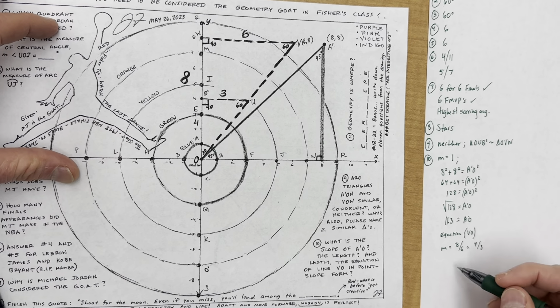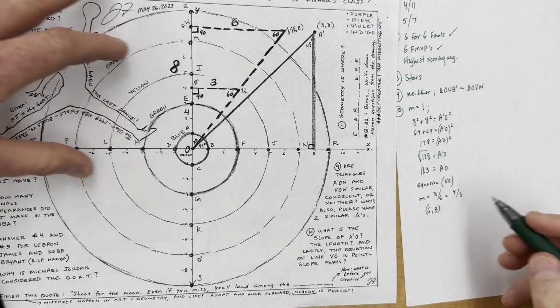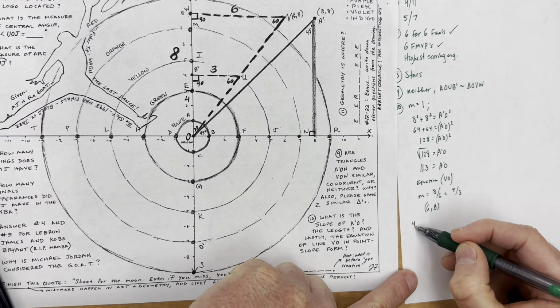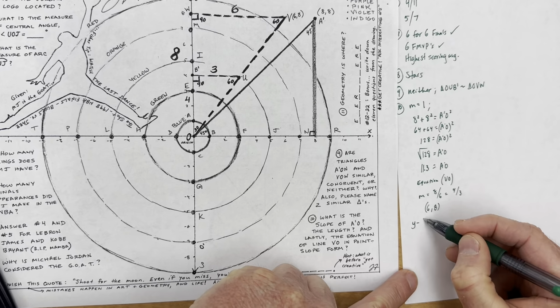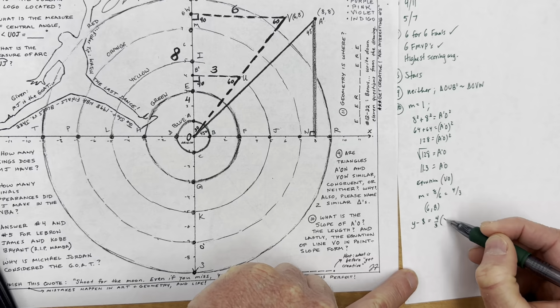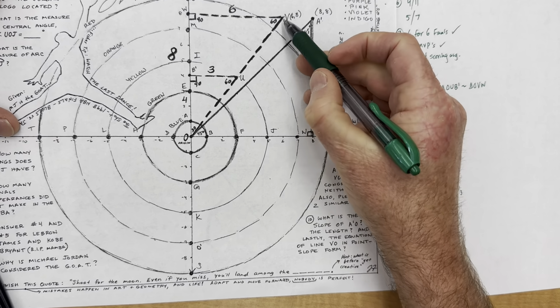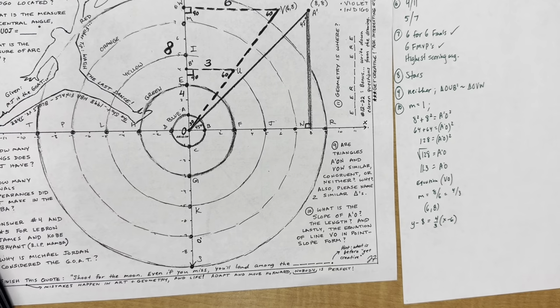Point V is 6, 8. So all you need for point slope is you just got to go y minus 8 equals 4/3 (x minus 6). That would be point slope form for VO.